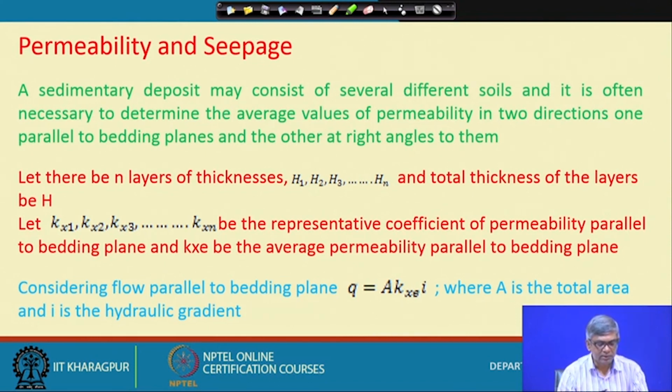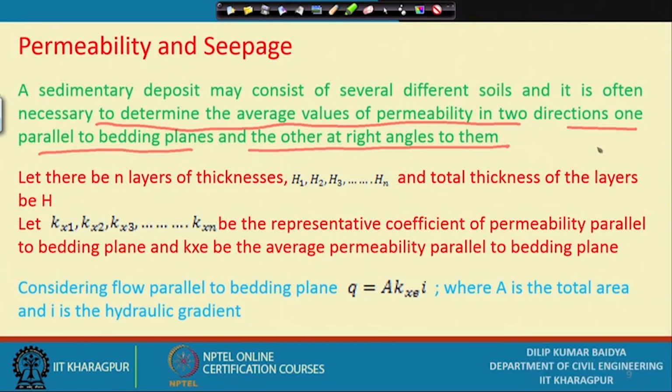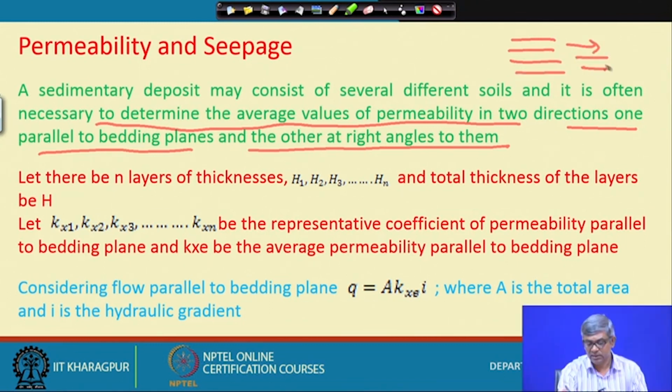A sedimentary deposit may consist of several different soils, and it is often necessary to determine average values of permeability in two directions, one parallel to the bedding planes and the other at right angles to it. That means if you have layers like this, flow may be taking place in this direction, and flow may be taking place in this direction. So in two directions you have to find out the average permeability, because they are not equal in every layer.